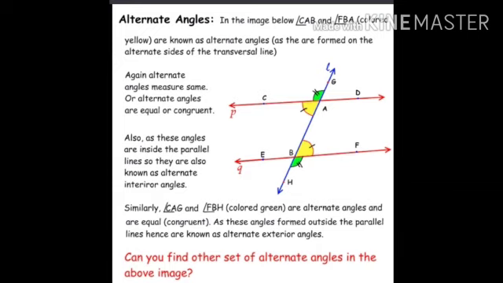So, according to the property of alternate angles, the pairs of alternate angles formed by two parallel lines and their transversal are congruent. Similarly, if the alternate angles are congruent, then the lines are parallel.